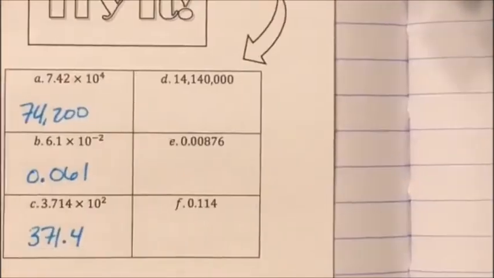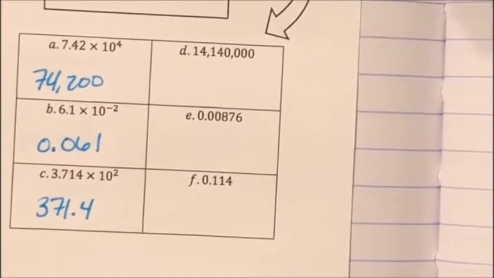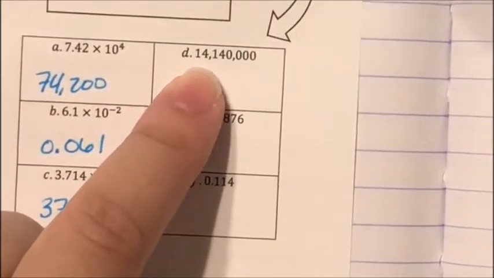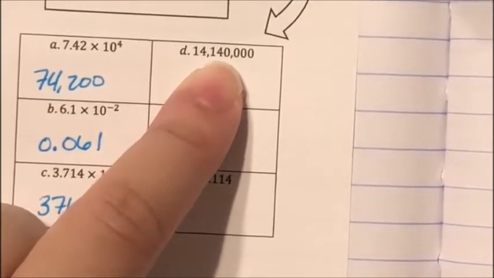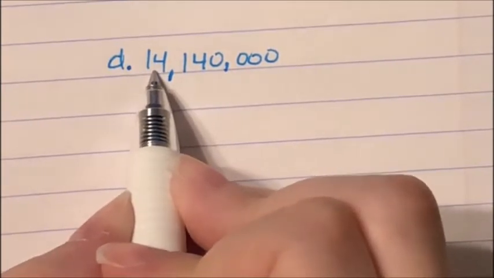Now I have letters D through F. I'm writing into scientific notation. So D, I have 14,140,000. Okay, so I want to end up putting the decimal point right here, right?